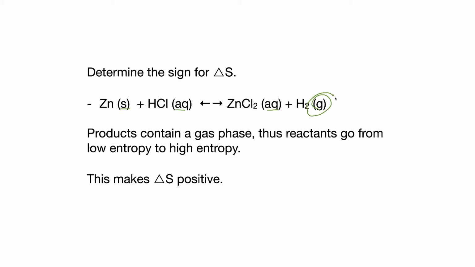There's our big giveaway right there. It doesn't matter whether there are 3 moles over here or 5 moles over here. The fact that this side has a gas says that this has greater entropy. It's more chaotic just because it has the gas. And because of that, this makes the change in entropy positive.